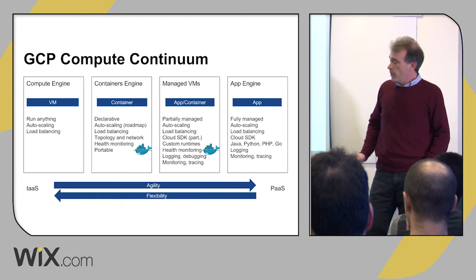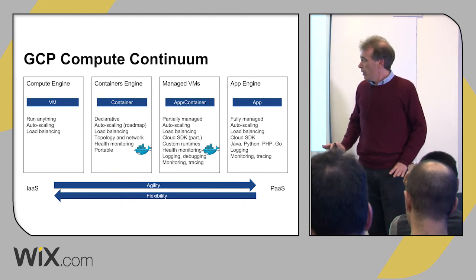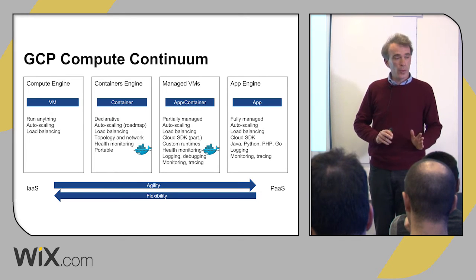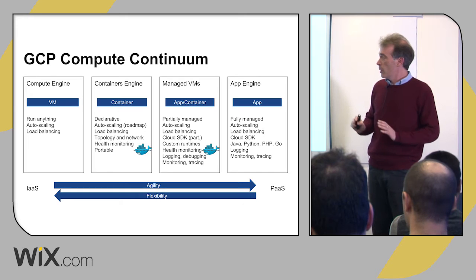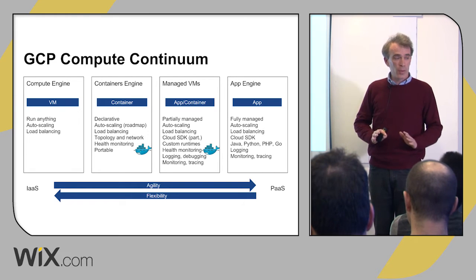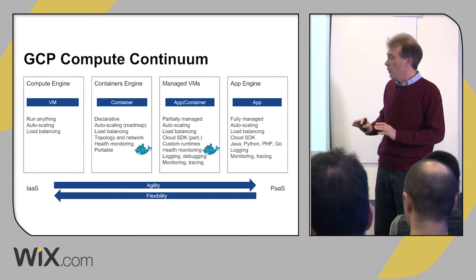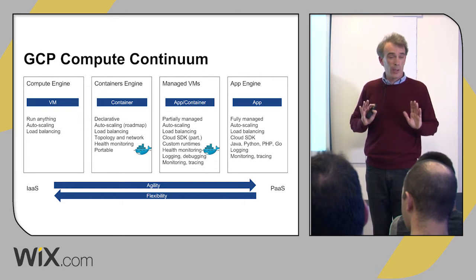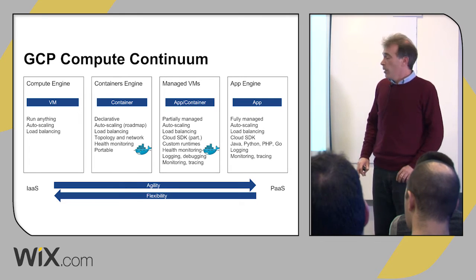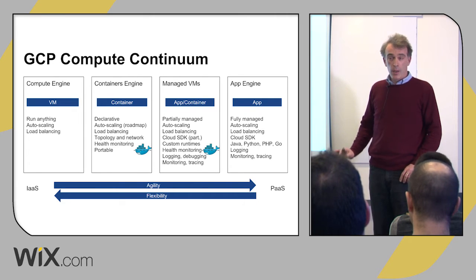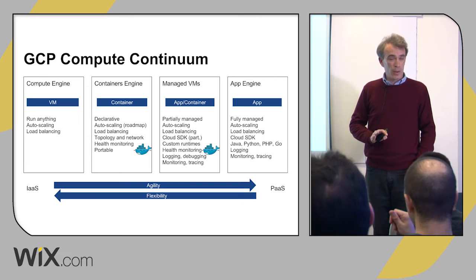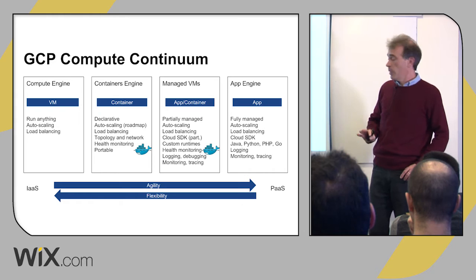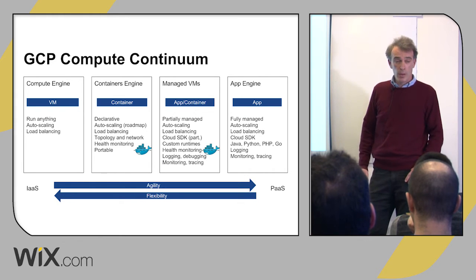Until last year, we had to choose between these two possibilities: either we use Compute Engine, or we use App Engine. In Compute Engine, we manage VMs and do all the operational work. App Engine is fully managed by Google, and fully restricted by Google. For some applications, it's okay. And actually, we have a few microservices at Wix which were created using App Engine.